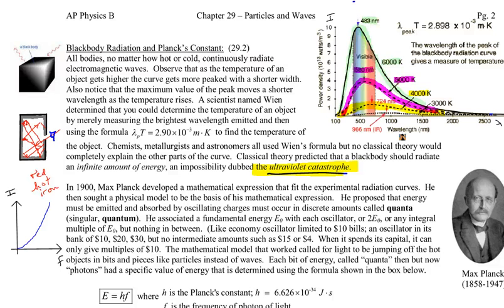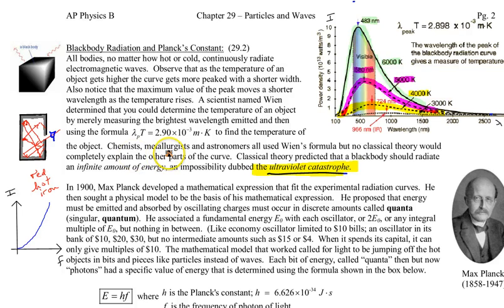At the time, we had experimental scientists trying to fit some formula to it, and it was a scientist by the name of Wien who determined that there was a relationship between this peak wavelength that you see at 483 nanometers or 580 nanometers or 724 nanometers and the temperature in Kelvin and some number here. So at higher temperatures, the peak wavelength shifted to a shorter wavelength or a higher frequency, and it was related by this formula, Wien's formula.